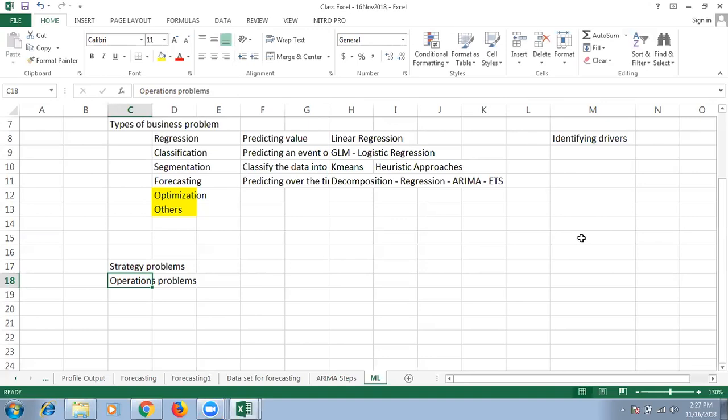A simple example I mentioned is a customer visiting your website, and I need to immediately recommend products. How much time will a customer stay? Probably in the first few seconds you need to identify the customer's behavior.